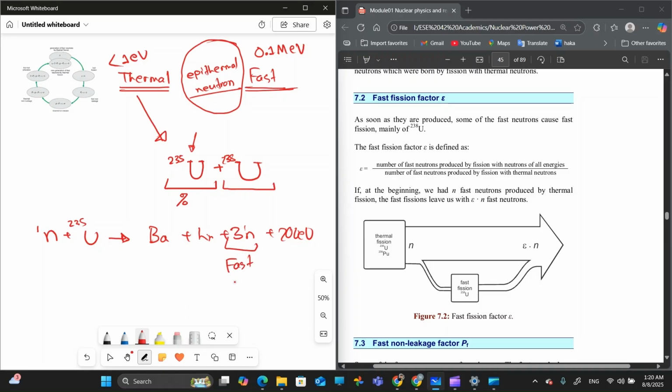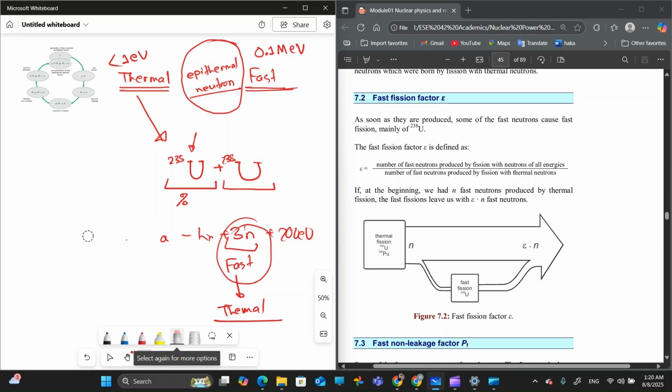To make them available to fission with another nearby uranium, they need to be converted into thermal neutrons. So at the initial phase, the neutrons are fast neutrons, and in the cycle we will see how this fast neutron is converted into thermal neutron and takes part in another fission reaction.